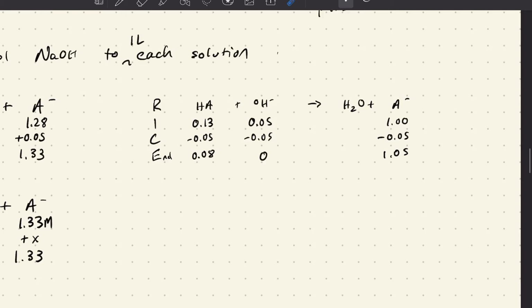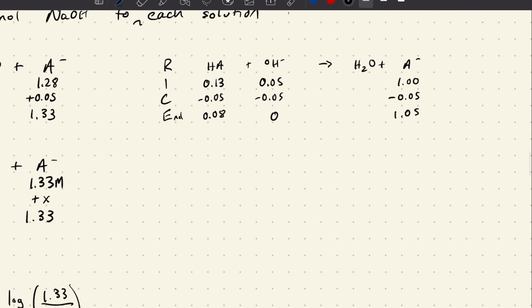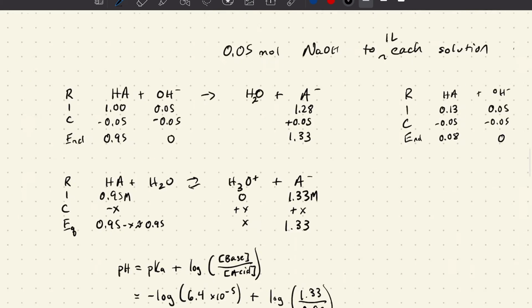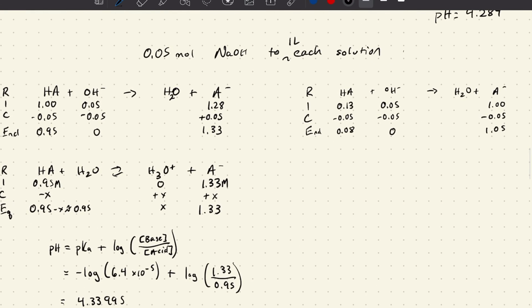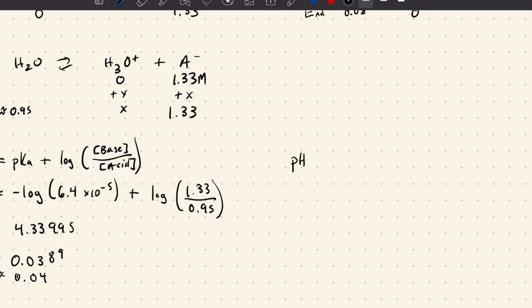So let's go take a look at the one that's not as good of a buffered solution. I'm not going to repeat this RICE table for this one. We can just jump straight to Henderson-Hasselbalch because we're still going to make the assumptions that we made in the last one.